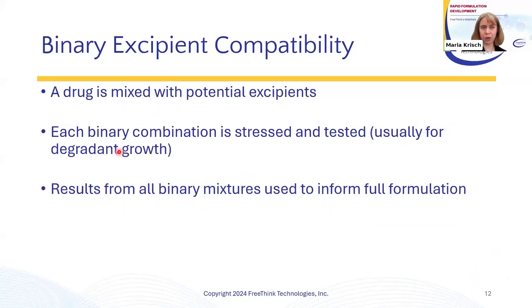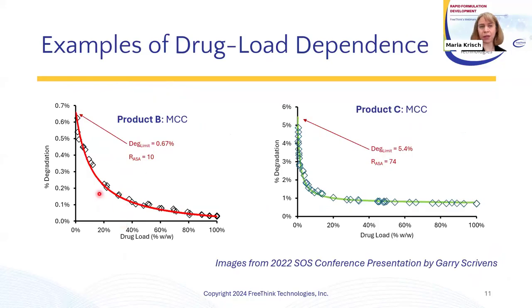So I want to zoom back to these graphs for a minute. Imagine you had the case on the left here, right? So if you look at a 95% drug load on this graph, that looks like a pure API. So your reaction rate in that case will look pretty much like the pure API if you're looking at indirect effects of this excipient. If you go to 50%, you've increased a little bit. It's probably a measurable increase, but it's fairly modest.